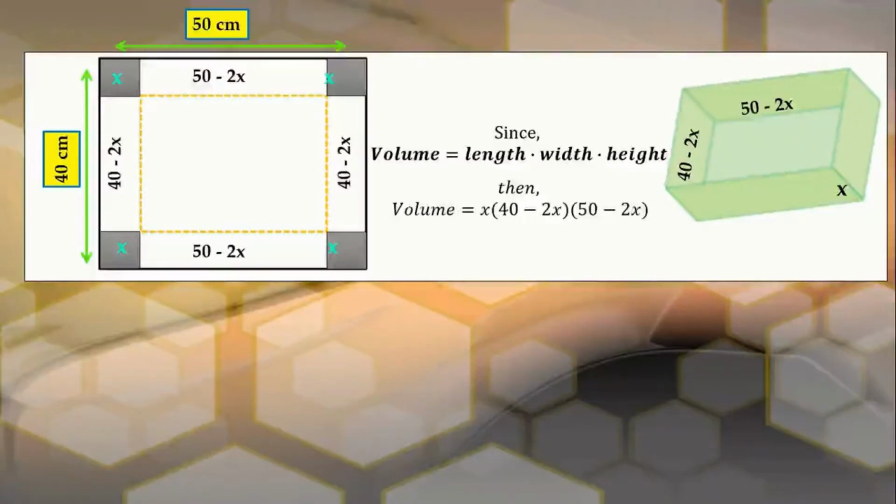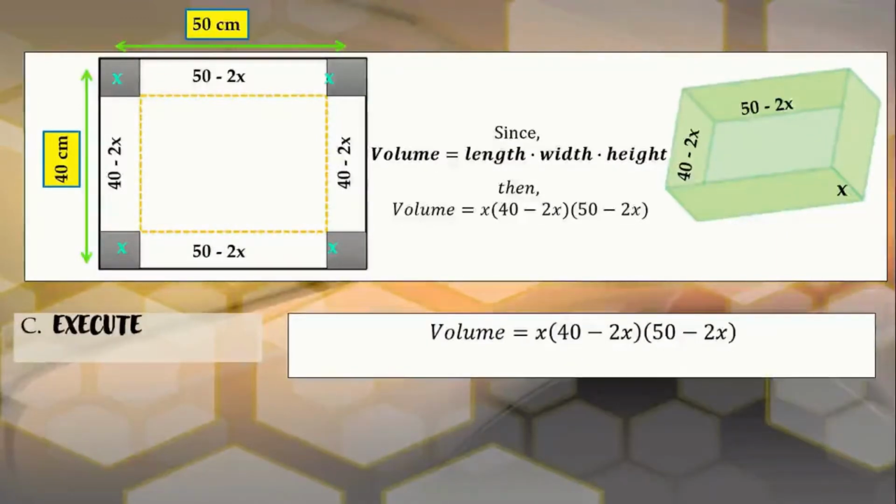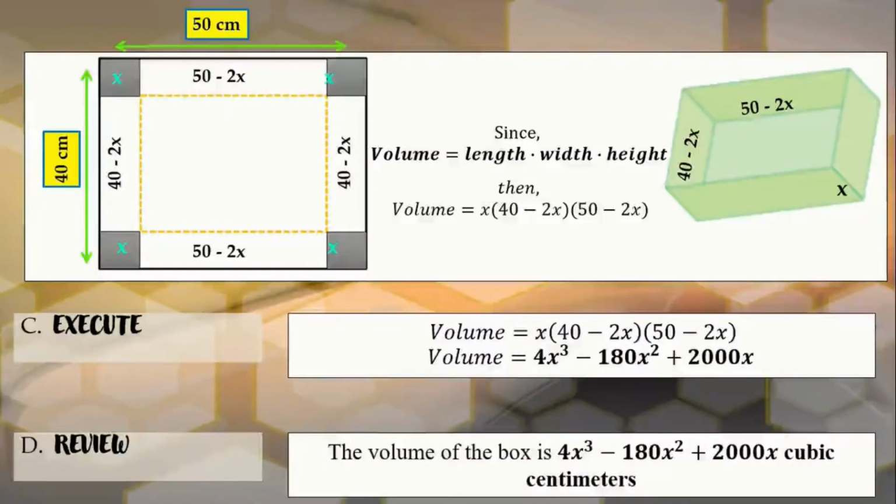So, volume is equal to x times 40 minus 2x times 50 minus 2x. So, by solving, if we will multiply all the terms, then the volume is equal to 4x cubed minus 180x squared plus 2000x cubic centimeters.